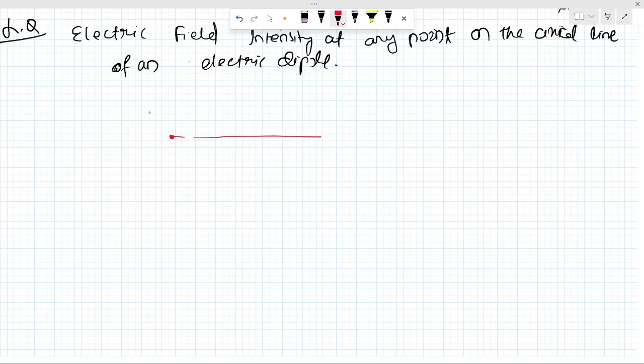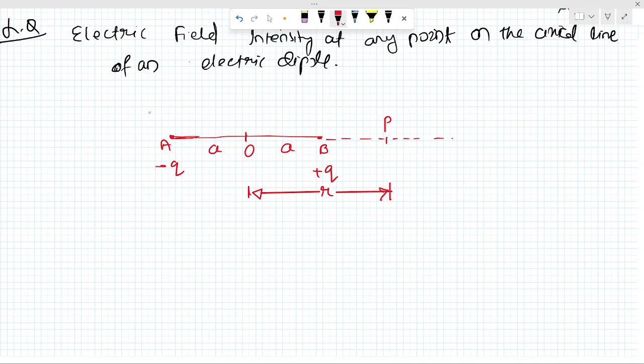Let's take the dipole as this one is point A and this one is point B, and we will draw the axial line like this. This is the center, and this is distance a. Here is my minus q charge and here is my plus q charge. I will take a point P at a distance r from the center of the dipole.